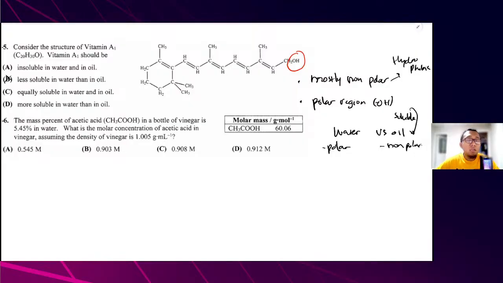Like I mentioned, we need to identify the vitamin A characteristics first. There is an OH group at the end of the tail, just a tiny polar group, which indicates it is still somewhat soluble.